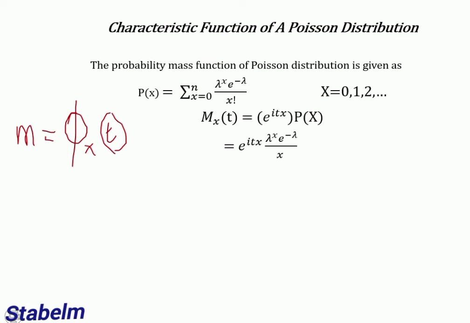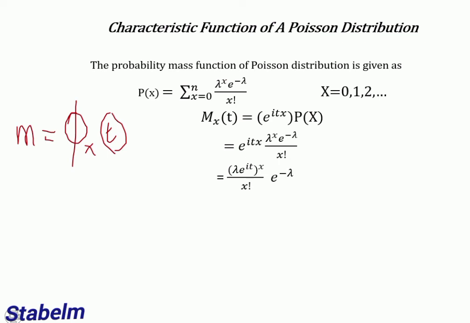Now since we have raised to power x here and we also have raised to power x here, we can join this exponential and lambda together, so everything will be raised to the power of x. This is equal to lambda exponential iota t raised to the power x, divided by x factorial, times exponential raised to the power minus lambda.